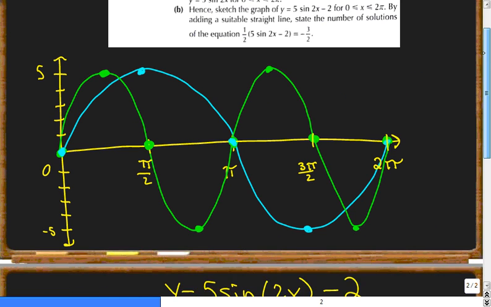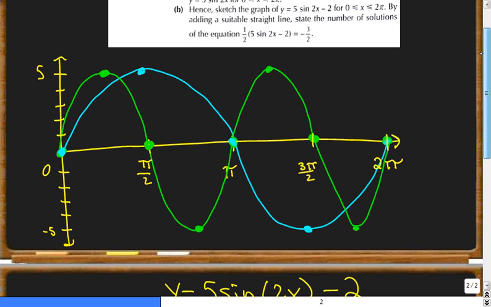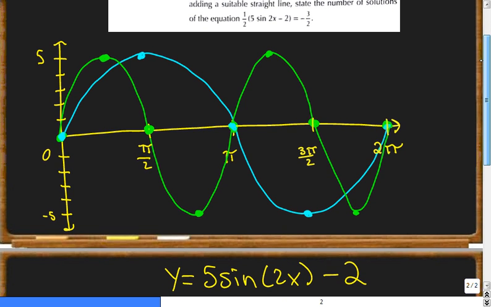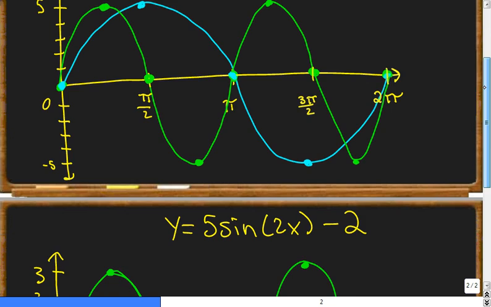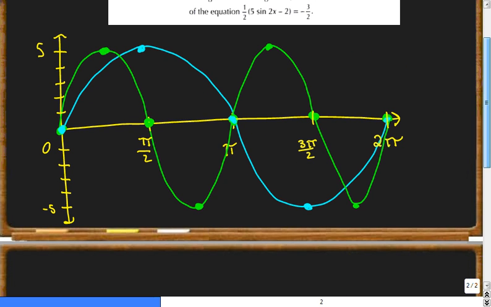Now the second part asked us, by adding a suitable straight line, state the number of solutions of the equation. So let me write this. 1/2 of 5 sine of 2x minus 2 equals -3/2.